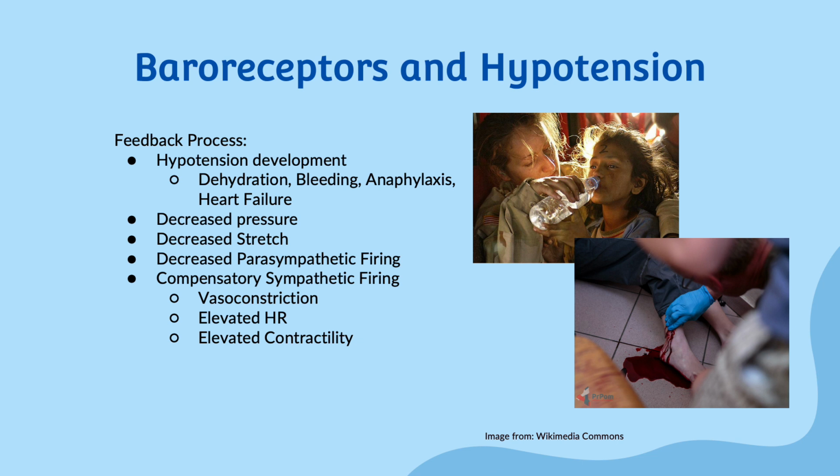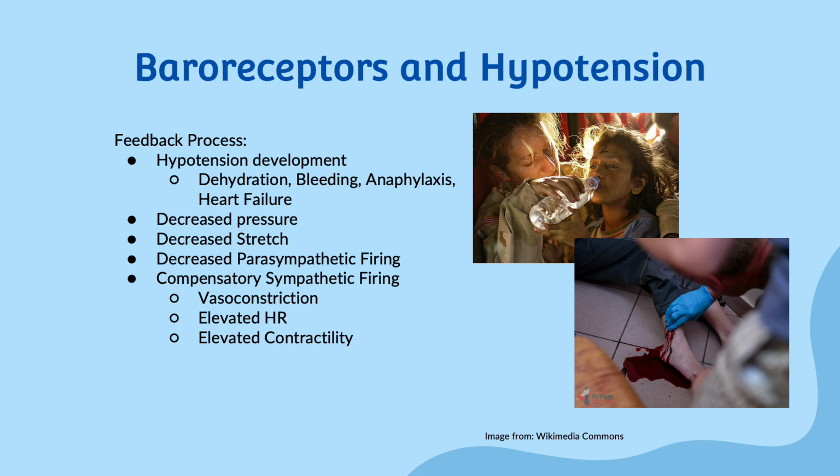Hypotension, or low blood pressure, can be caused by various factors, such as dehydration, bleeding, heart failure, or anaphylaxis. In hypotension, there is a decrease in arterial pressure, which means decreased stretch and decreased afferent firing from the baroreceptors. The lack of parasympathetic signaling means that an increase in the efferent sympathetic signaling will occur.